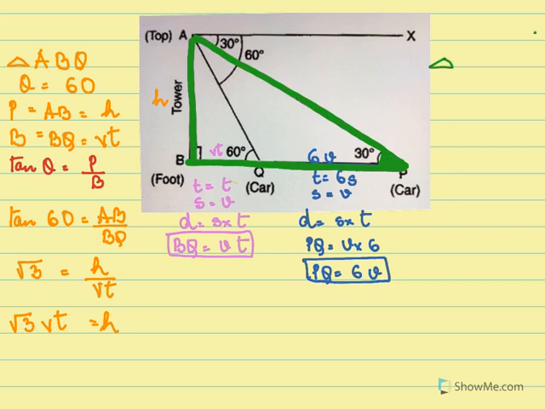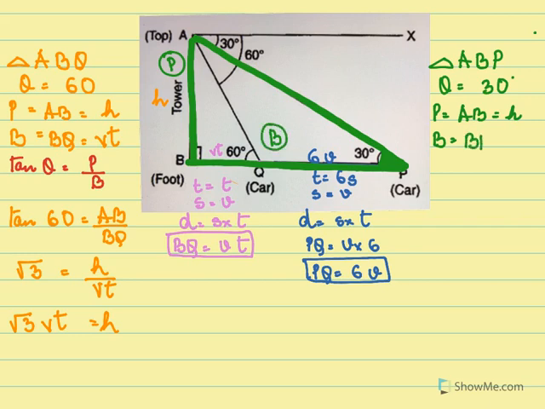So here we took triangle ABP. Our theta is 30 degrees. We have to mark our perpendicular and our base. Perpendicular is AB, which is H. And now this entire thing is our base, which is BP.